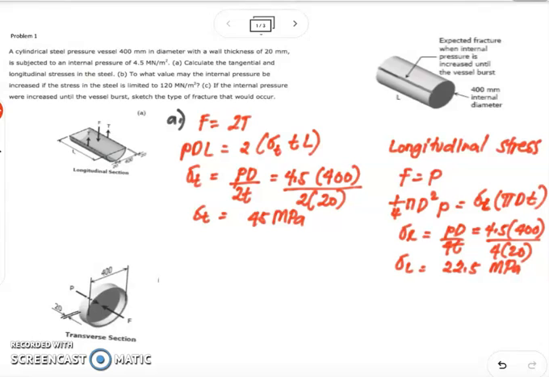MPa. For letter B, the internal pressure may be increased if the stress in the steel is limited to 120 MN/m².